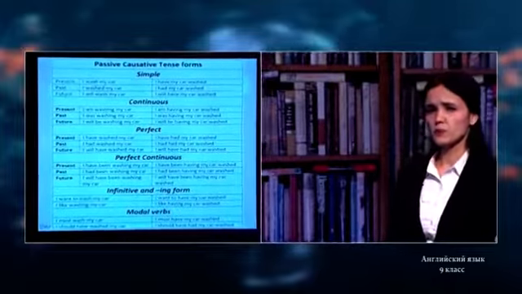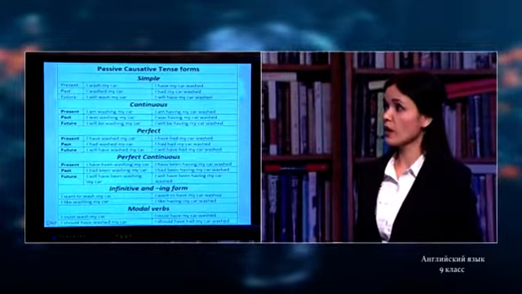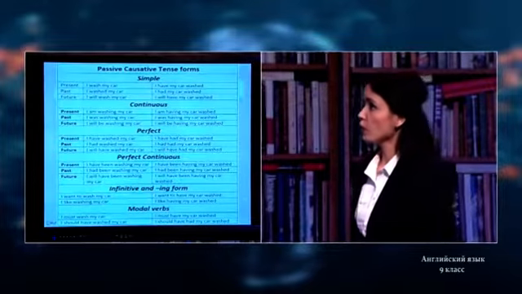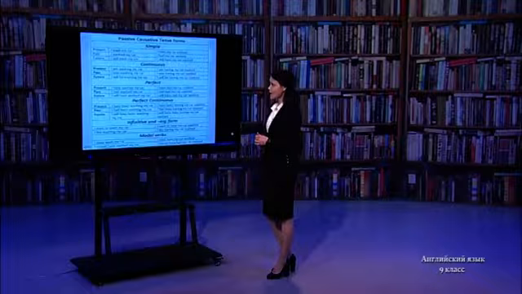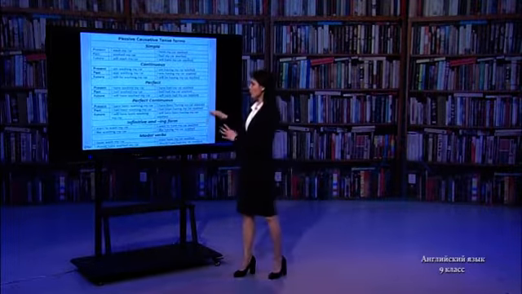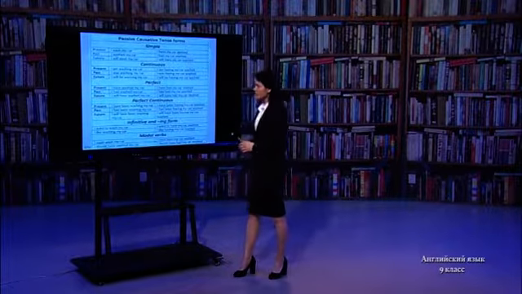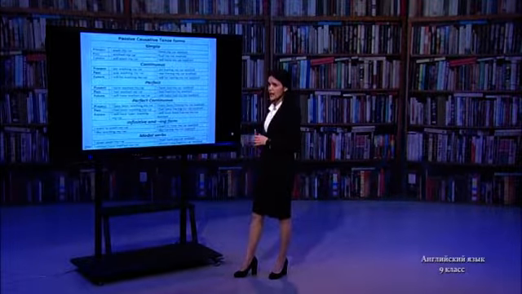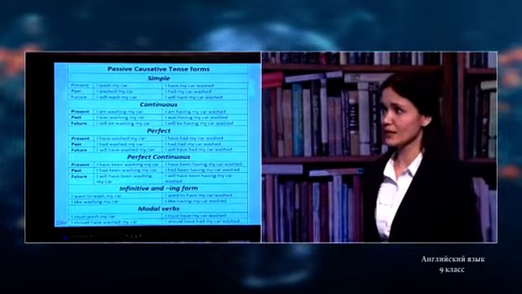So, you might have some questions about how you can identify the tenses, for example the passive causative tense form. I'm not going to take much of your time to describe all these formulas, but I can give you some hints on how to make your own sentence clearly.